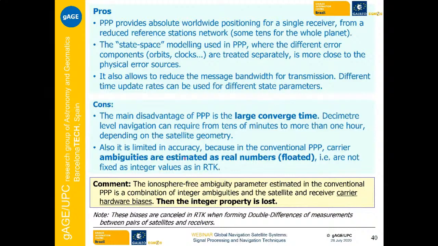Because the ambiguity parameter we are estimating here is a combination of the integer ambiguities plus the receiver and satellite hardware bias plus these real valued terms. Here we are not using double differences of ambiguities. Then the ambiguities are real valued terms, and we estimate these ambiguities as real numbers. This is what we call to float the ambiguities. And then there is some estimation error, not only the convergence time.